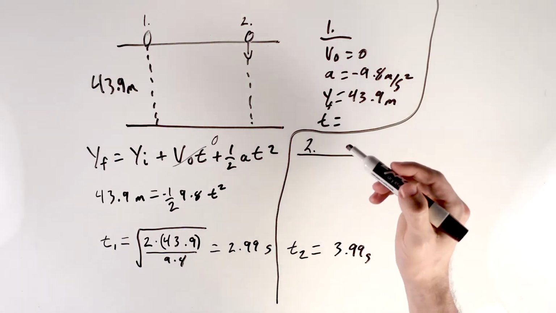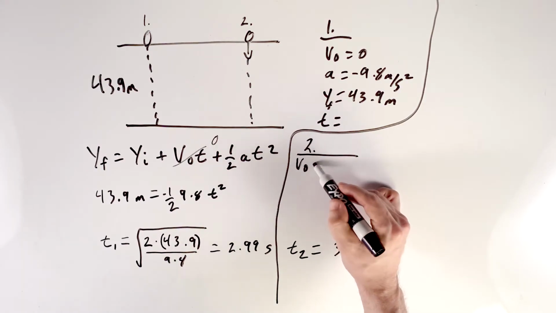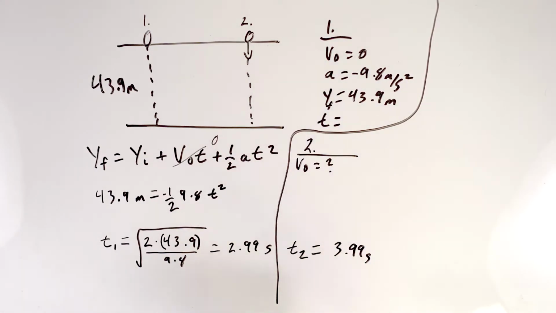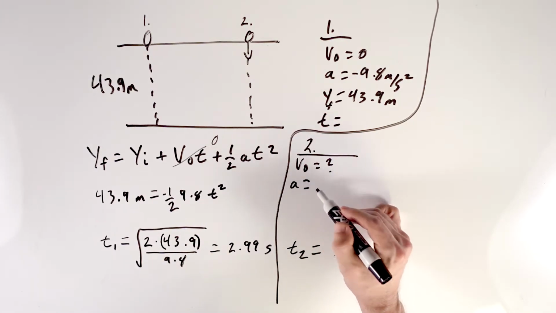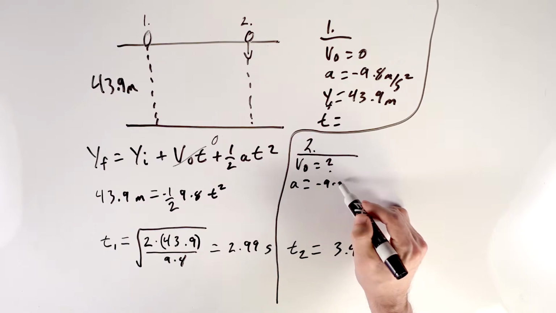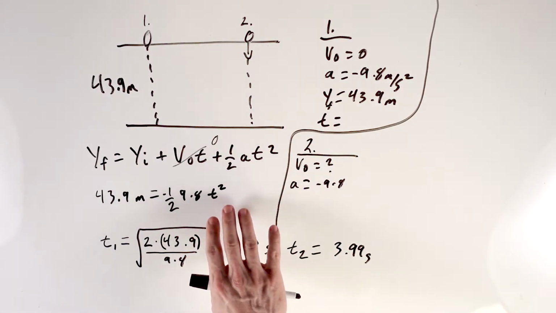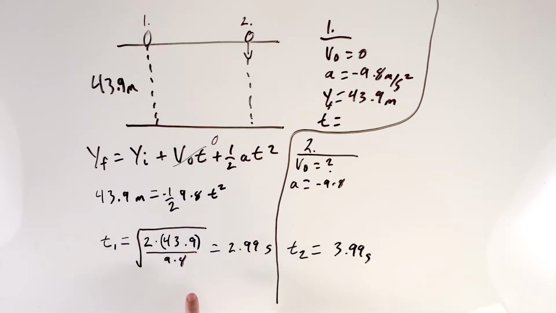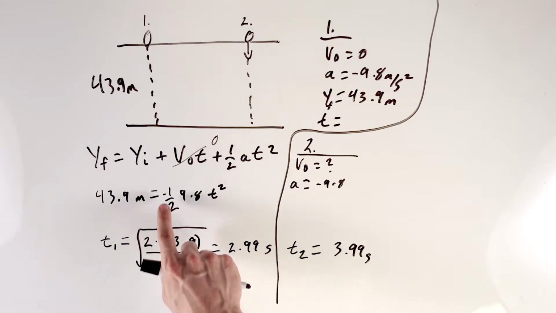So number 2, again, initial velocity is what we're looking for, right? It wants to know what it is. Acceleration is then still negative 9.8. And in this case, because this is a time, we don't need the negative, so I actually just kind of lost it back here.